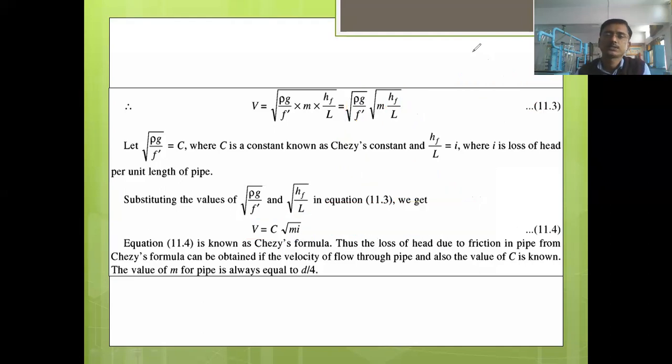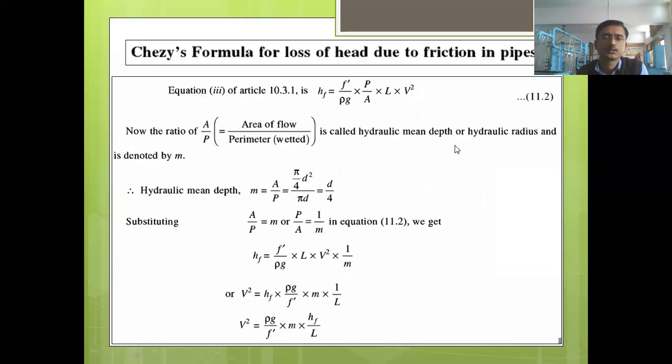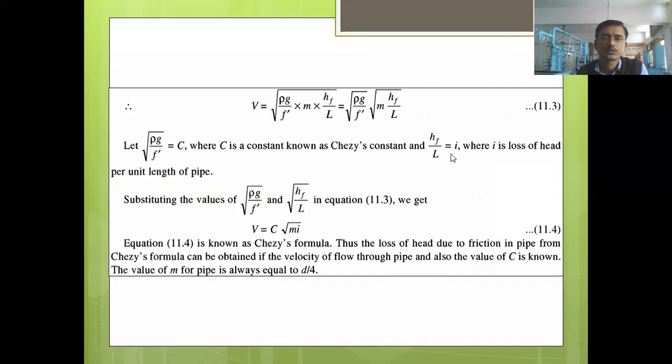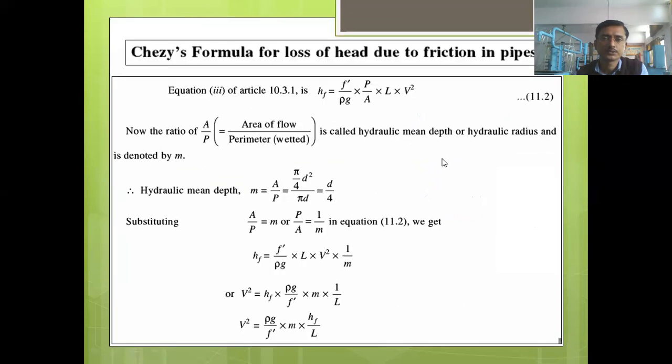Now after this, we are going to solve some problems based upon the Darcy-Weisbach equation and Chezy's equation. Before that, note down this formula for Chezy's equation. Write down the title: Chezy's formula for loss of head due to friction in pipe.